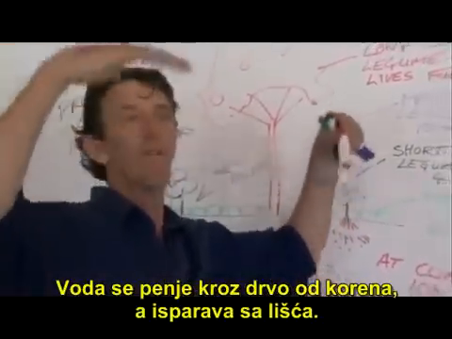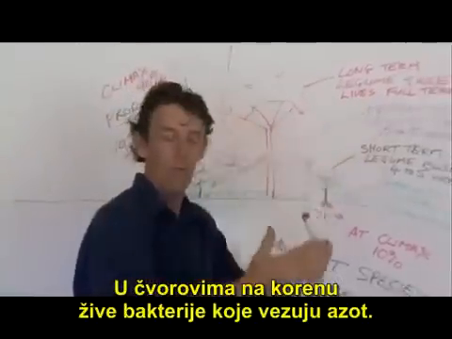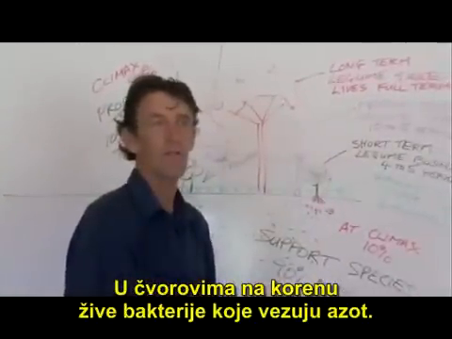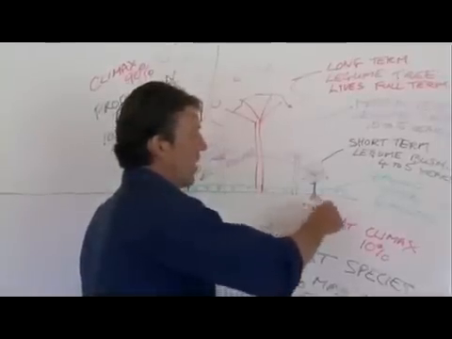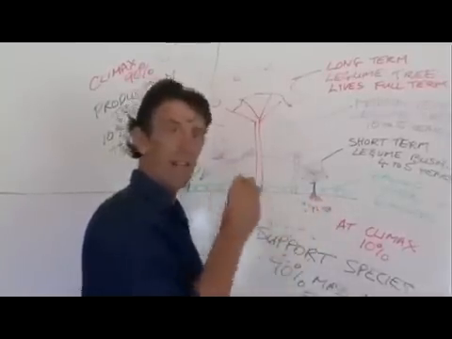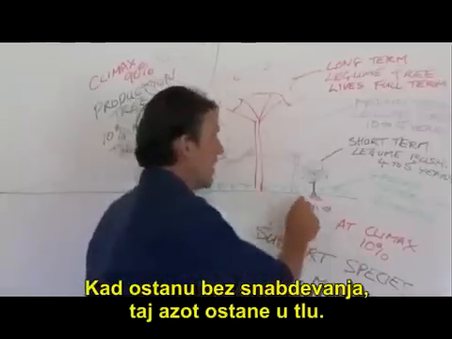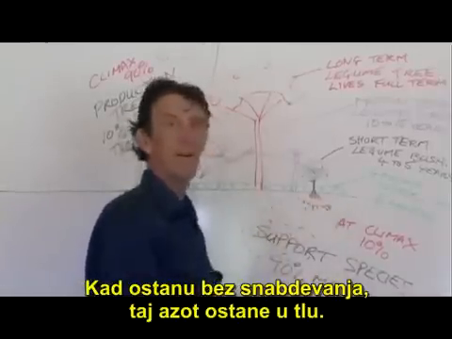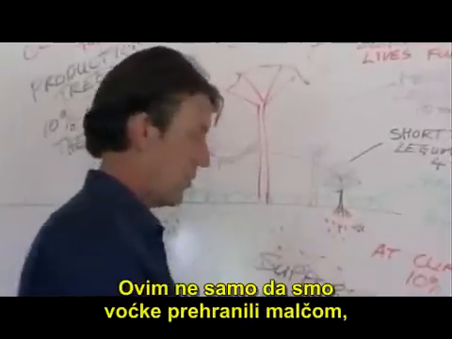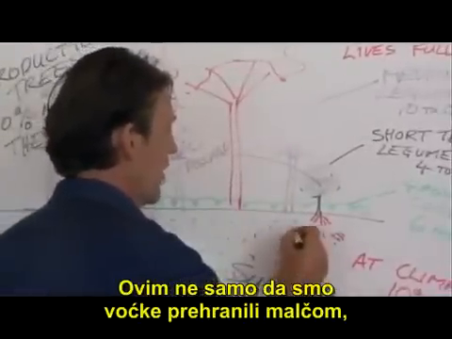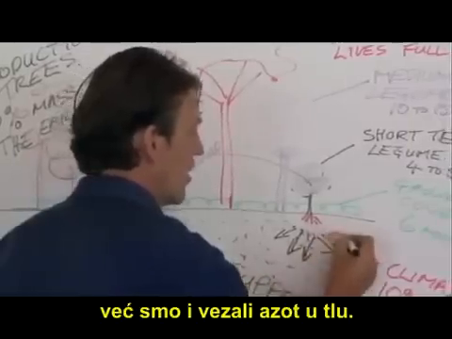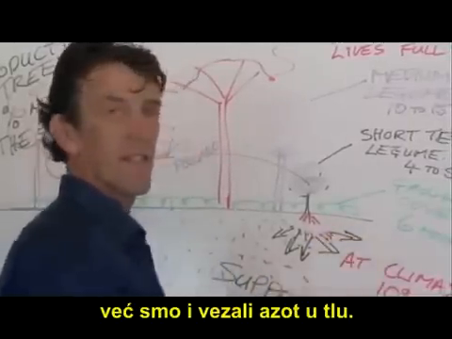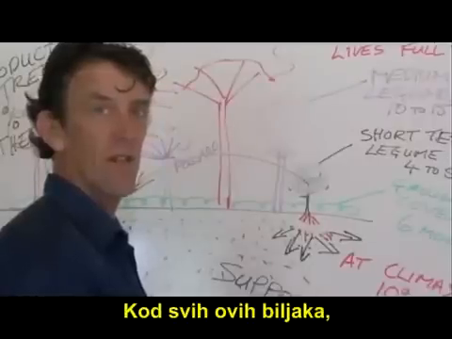It's transpiring off the leaves, and it's a complete column of water all the way down to the base of the roots. And those nodules of nitrogen-fixing bacteria are living on those roots. And when you cut off the starch supply, that nitrogen drops off. And now, not only have you mulched the trees with nitrogen-rich mulch, you've actually fixed nitrogen into the soil.